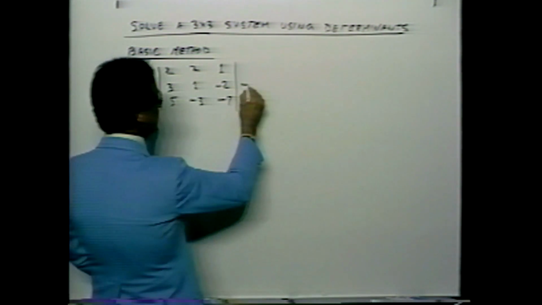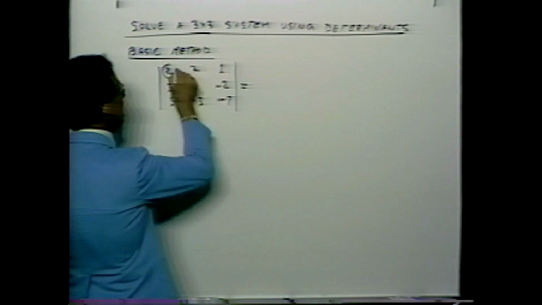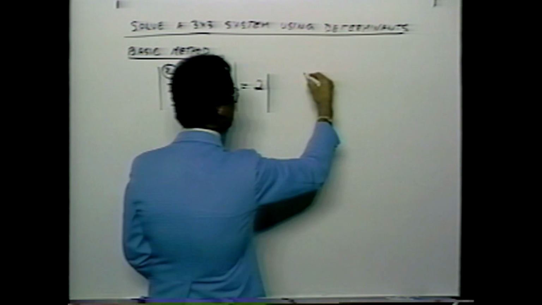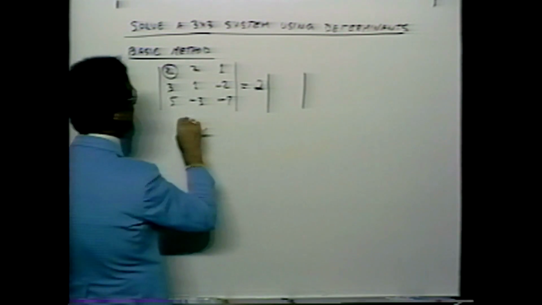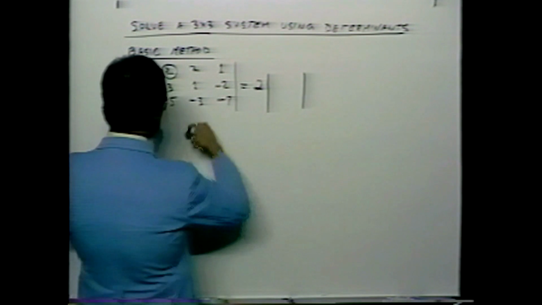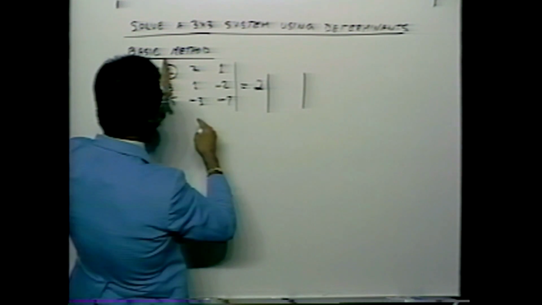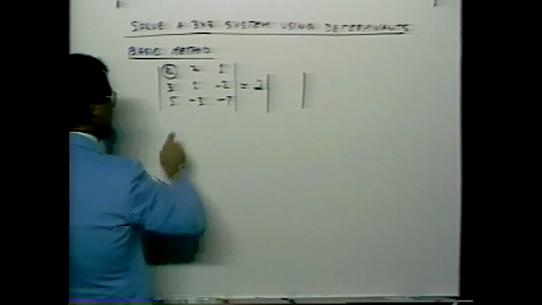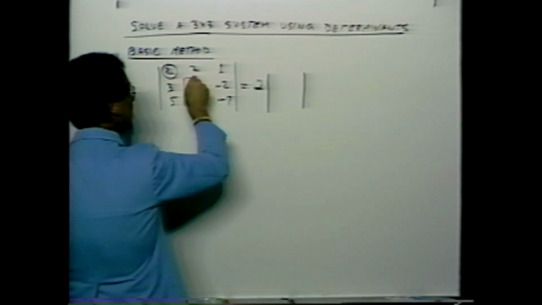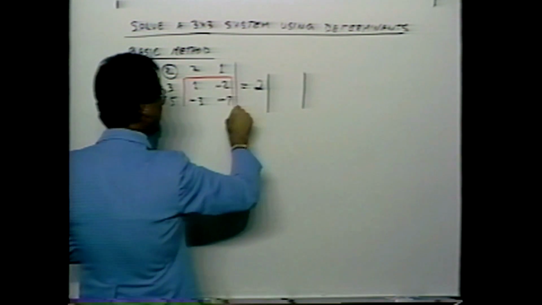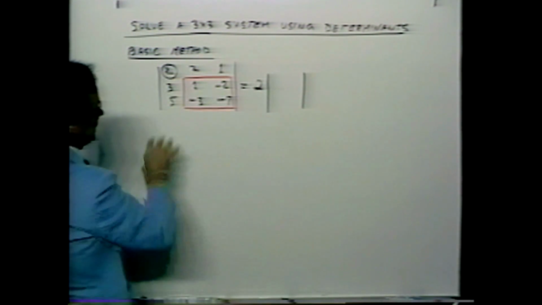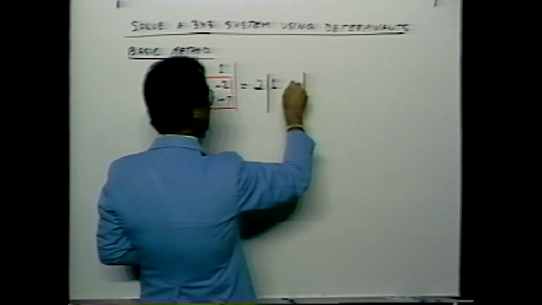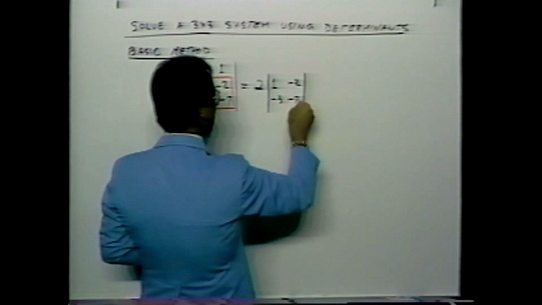We'll take the upper left-hand corner number, which is 2, and it must be multiplied by a 2 by 2 determinant that results when we take out the top row and the left column. What is left is this square array in this corner: 1, minus 2, minus 3, and minus 7.